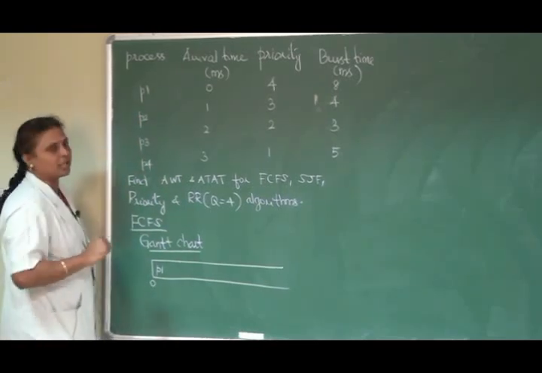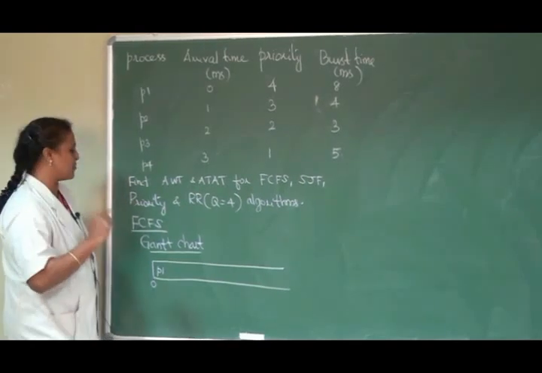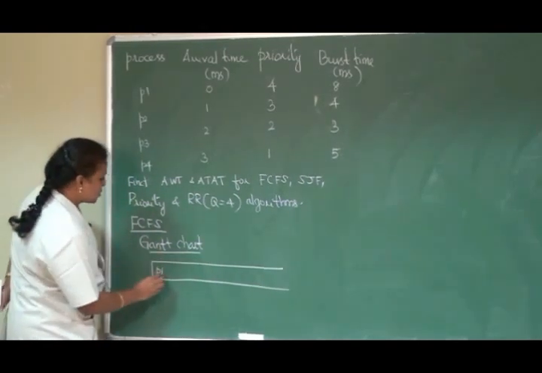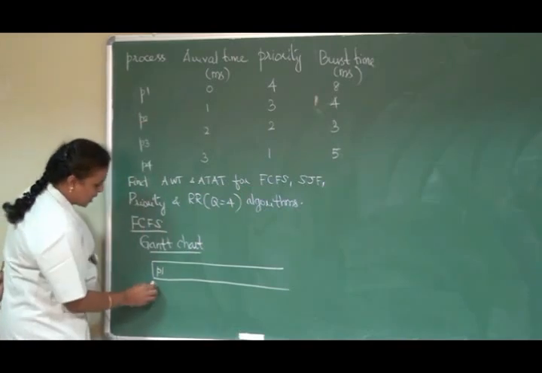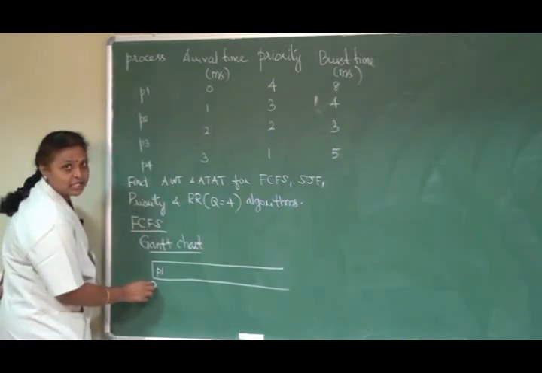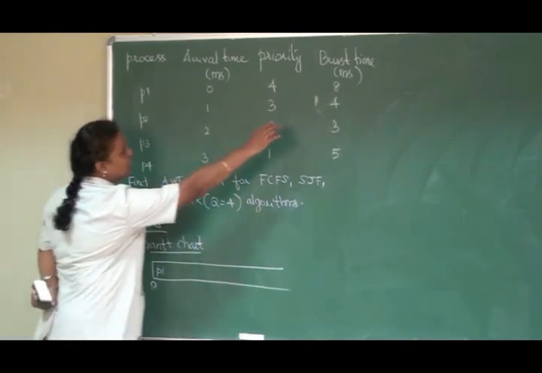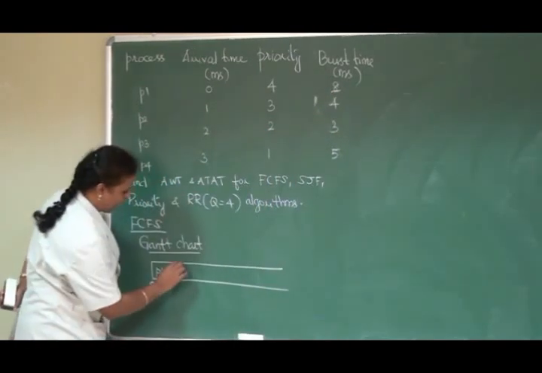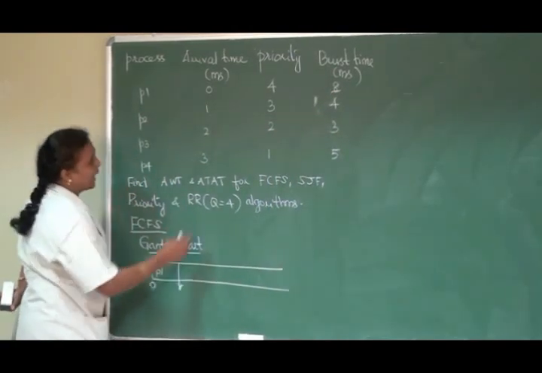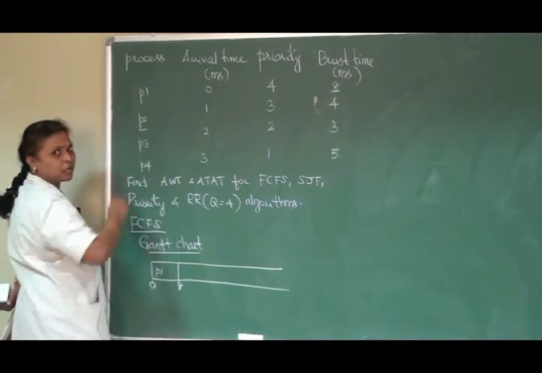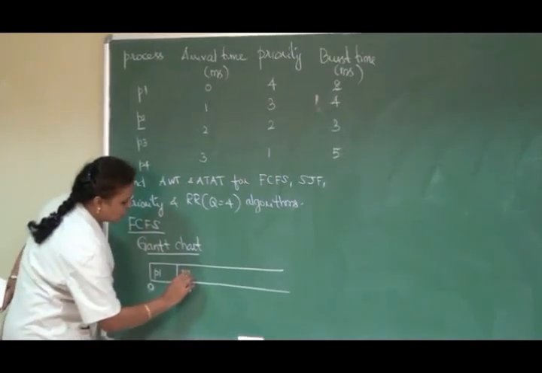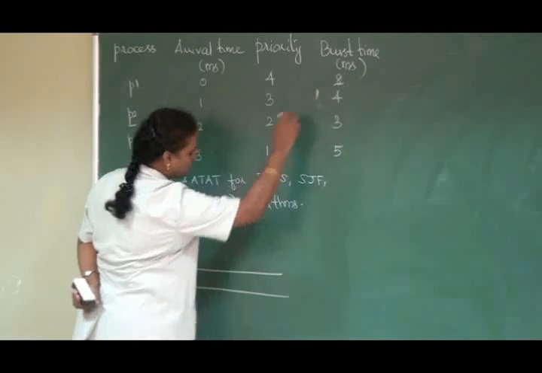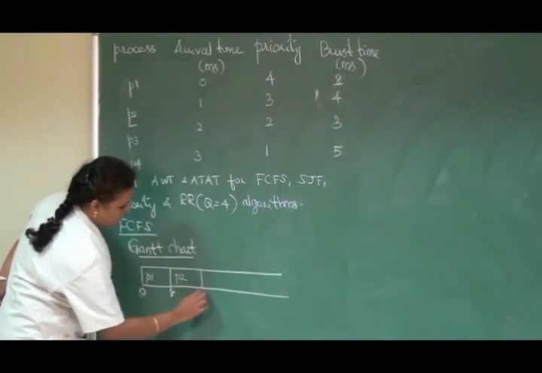FCFS is non-preemptive. So P1 gets the CPU in the 0th millisecond, and it is executed for 8 milliseconds. Then in the 8th millisecond, process P2 gets the CPU and is executed for 4 milliseconds.